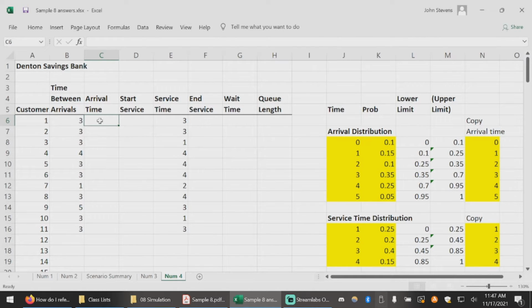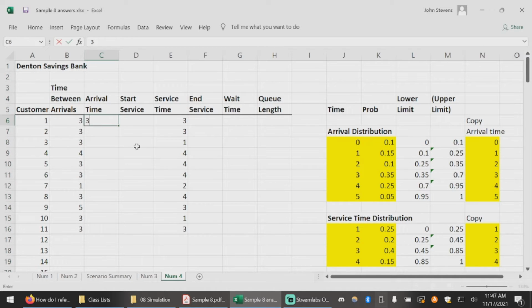Arrival time. So here I want to keep track of the timestamp throughout the day, throughout the 150 customers. Starting at time 0, the first person arrives 3 minutes after the start. So they will arrive at time 3.